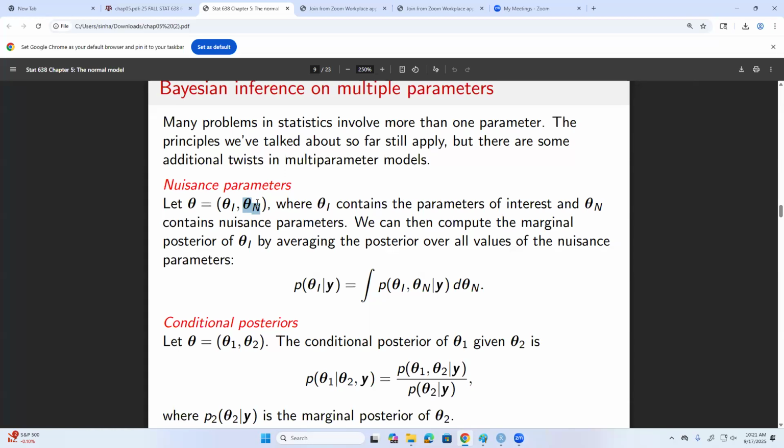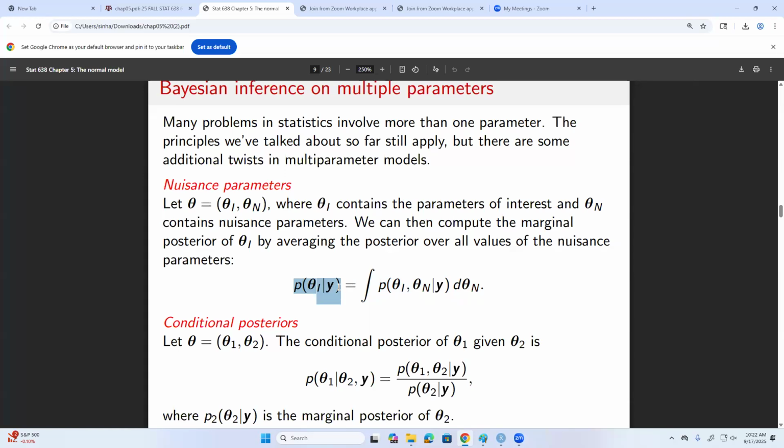But when I do Bayesian inference, I will obtain the posterior distribution of theta I given data. So how do I do that? First, I obtain the posterior distribution of all parameters theta I and theta n given data, and then I integrate out the parameter not of my interest, theta n, to get the marginal posterior of theta I. Now this integration, although it is defined in terms of this integration symbol, does not mean we will be able to do the integration.